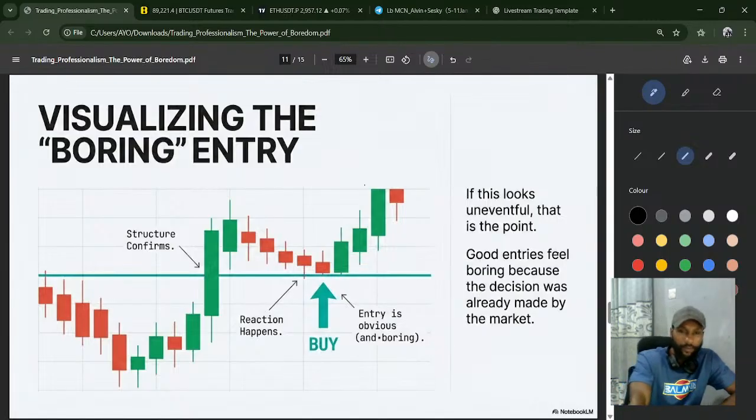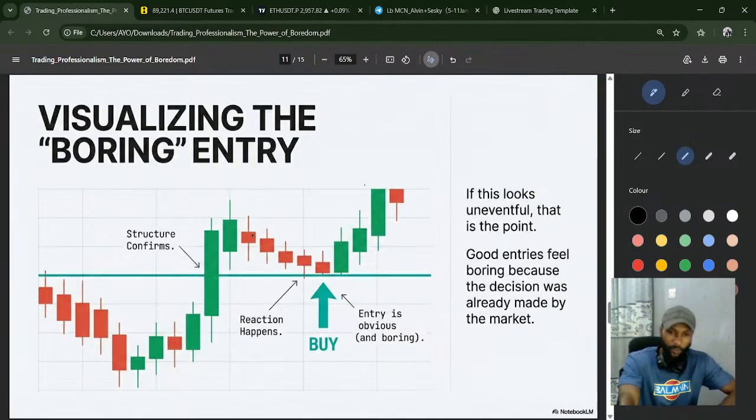Watch this. We are going on an uptrend. Structure confirms: it has broken this structure because it was initially a downtrend. If it breaks and closes above this, it means we are now in an uptrend.